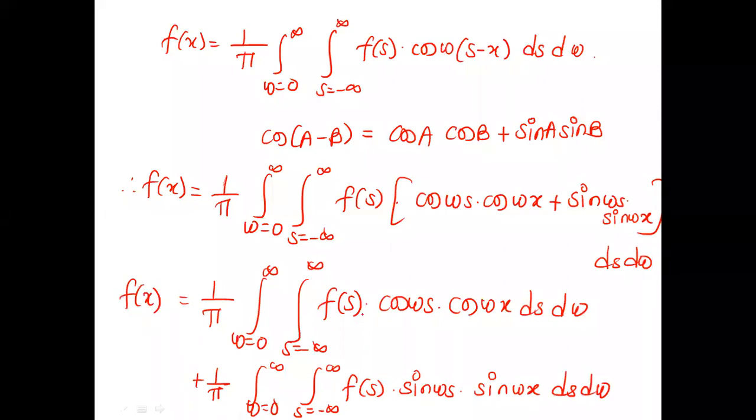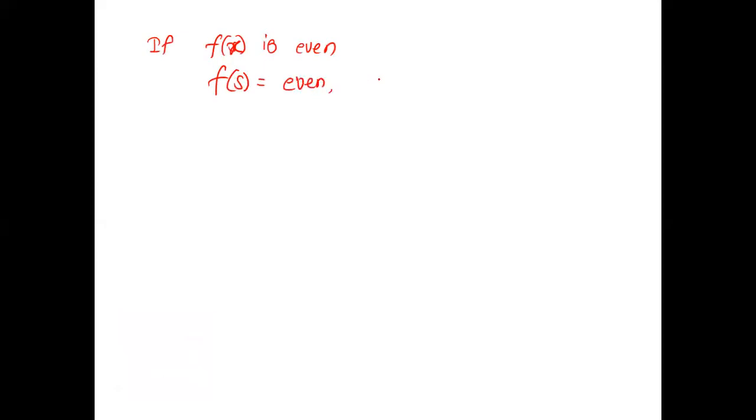So now you have the function, they will give you the function, but if that function in the given interval, if that function f of s is say even, or you can say f of x, they will generally give you in x. Okay, if f of x is even, means f of s is even, you are just changing the variable. So then f of s into cos omega s, what will it be, even or odd?